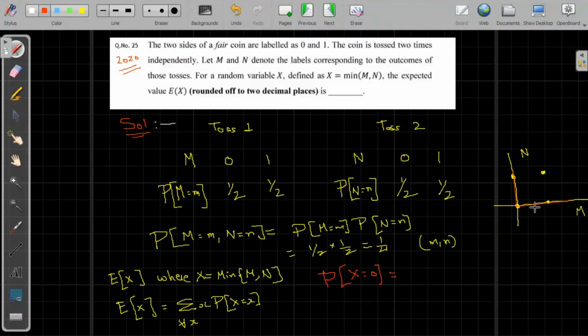So here for each of these points the joint probability is 1 by 4, so the sum will be 3 by 4. So the next non-zero probability will occur when x is 1. For that we draw a boundary here with corner at 1, 1. We can see there is only one point, so the corresponding joint probability for this point is 1 by 4. So here the answer will be 1 by 4.